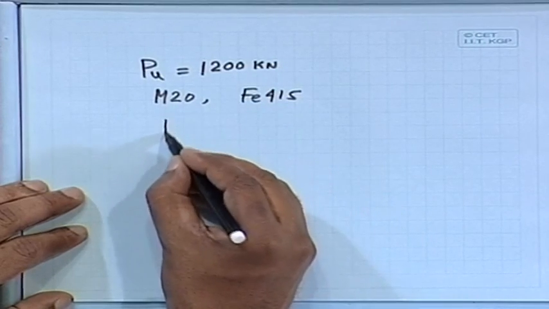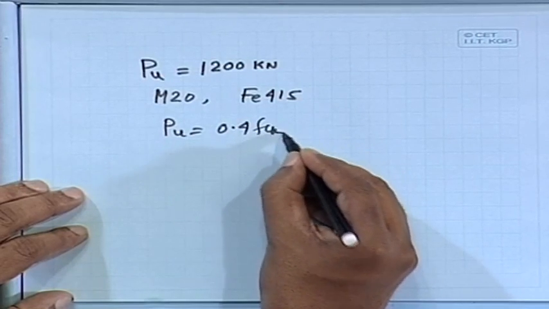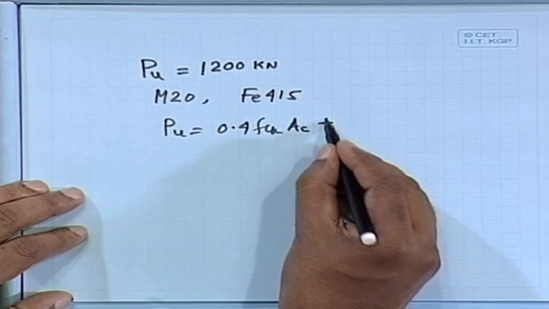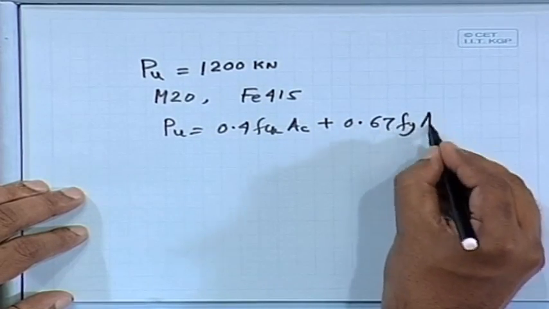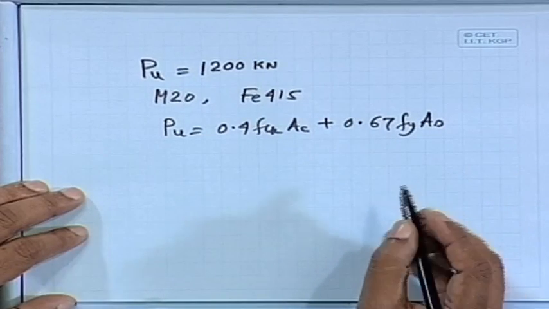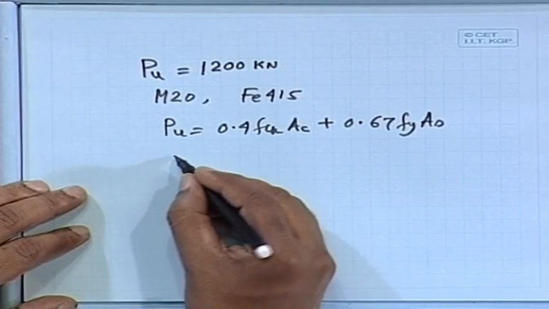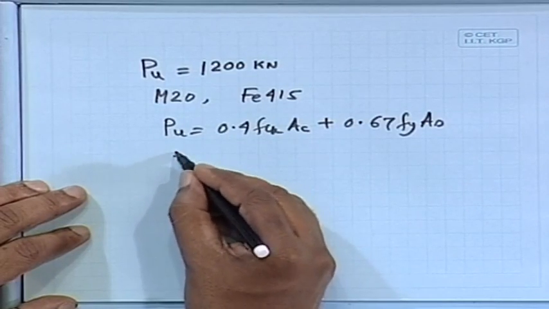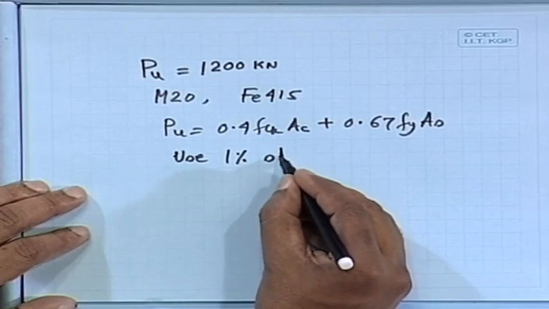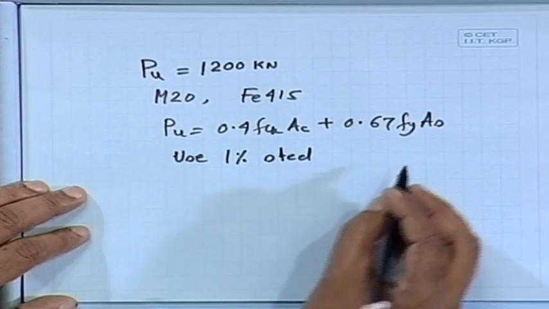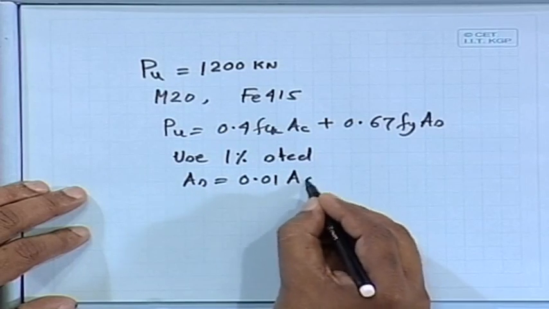We know Pu equal to 0.4 fck times Ac plus 0.67 fy As. What we shall do here, we can assume that we shall use 1% steel. So, we can say As equal to 0.01 Ac.